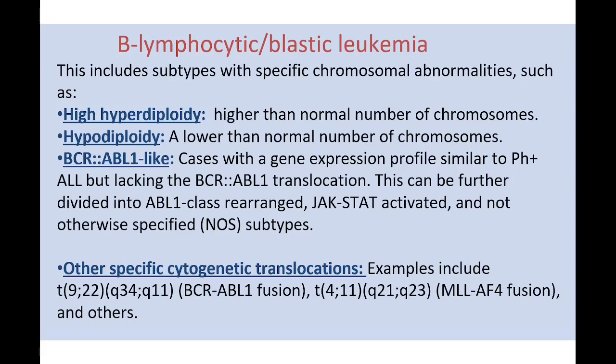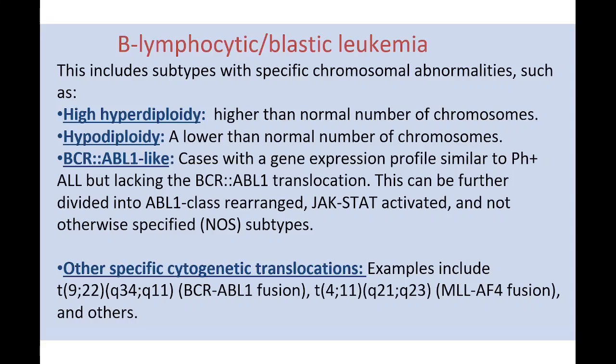What is the Philadelphia chromosome? Any idea about the Philadelphia chromosome? The Philadelphia chromosome, or Philadelphia translocation, is an abnormal version of chromosome 22 where a part of the Abelson murine leukemia ABL1 gene on chromosome 9 breaks off and attaches to the breakpoint cluster region BCR gene on chromosome 22.